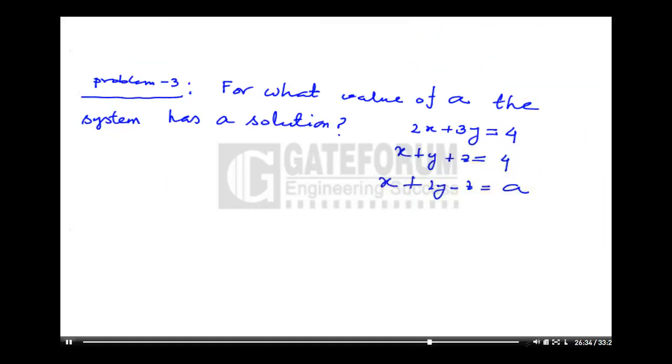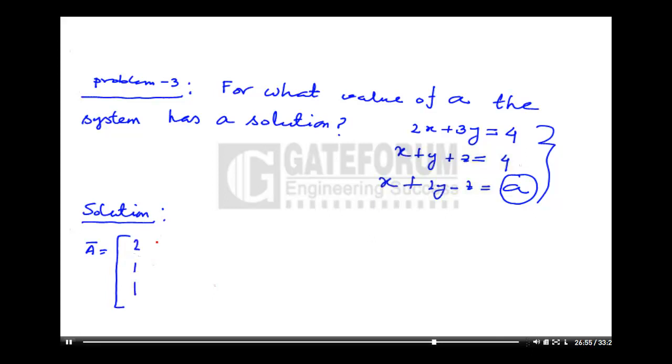Problem 3 is: for what value of A does the system have a solution? This is the system, and we have to calculate the value of A for which the system will have a solution. Now consider the augmented matrix as 2 1 1 3, 1 2 0 1, -1 4 4 A. Now apply elementary row operations as before.